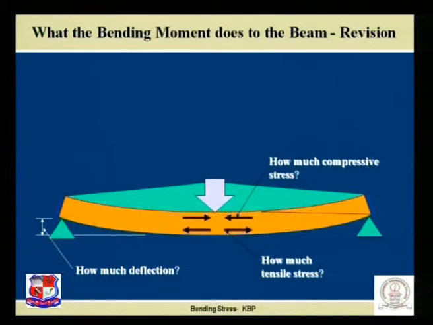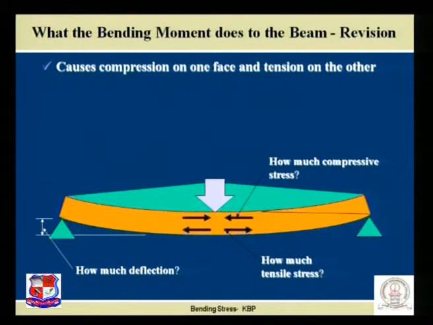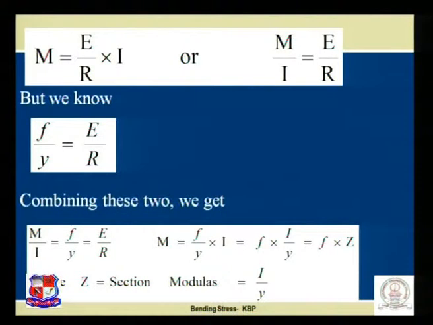Let us understand this by taking a simple beam. When it is subjected to an external force, it causes compression on the top portion and tension on the other side. This also causes the beam to deflect.